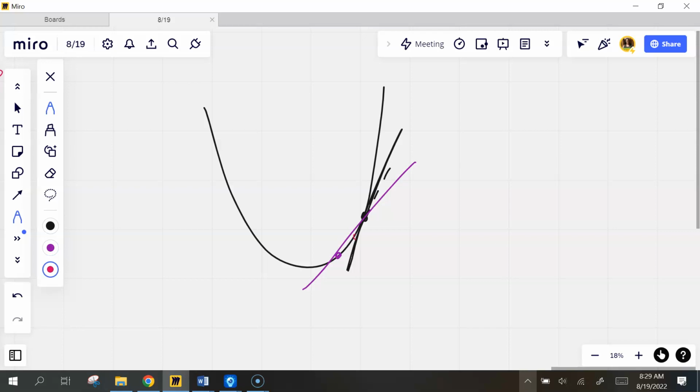But the closer together these points get, the closer the slope approaches the slope of the tan line. And that's all they're wanting you to see. And that's essentially what we're doing in that difference quotient. As h gets smaller and smaller, remember h is the distance between these two points. As that closes in, it approaches the slope of the tan line. So we use secants to estimate sometimes if they're really close.